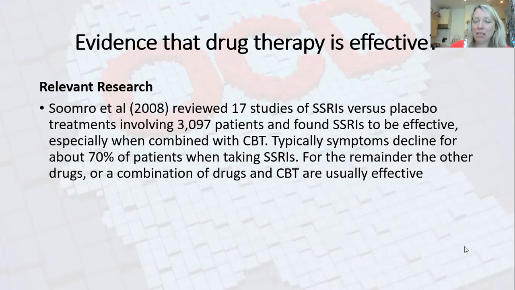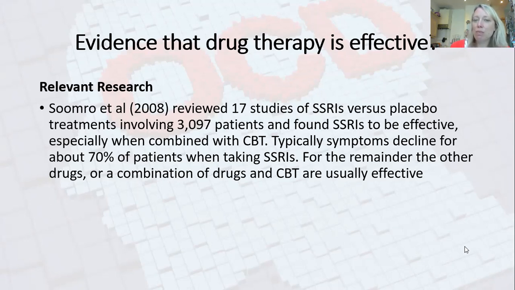And the key finding is that Sumro found that SSRIs were effective, especially when they were combined with CBT, so cognitive behavior therapy. And in about 70% of patients, SSRIs had an impact on their symptoms, on lessening their symptoms.